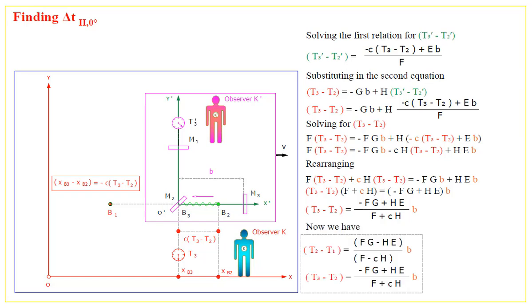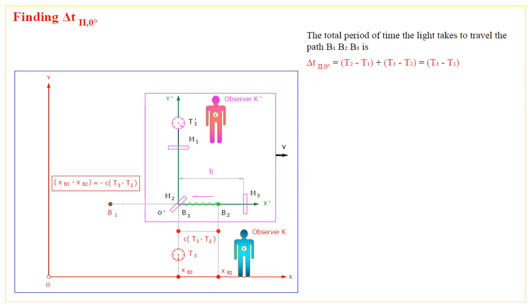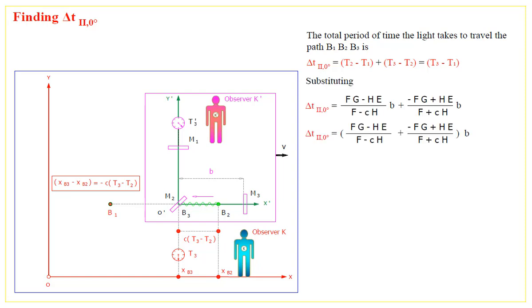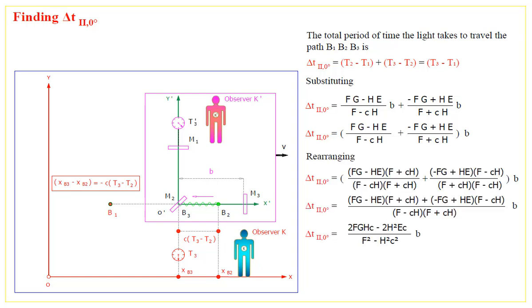Now we have the total period of time the light takes to travel the path B1, B2, B3 is. Substituting. Rearranging.